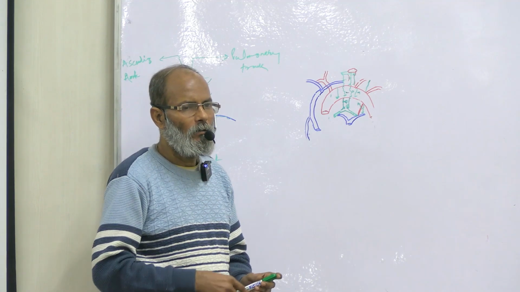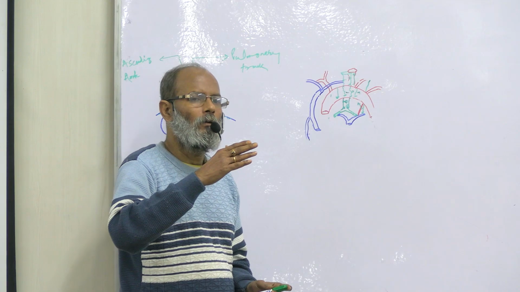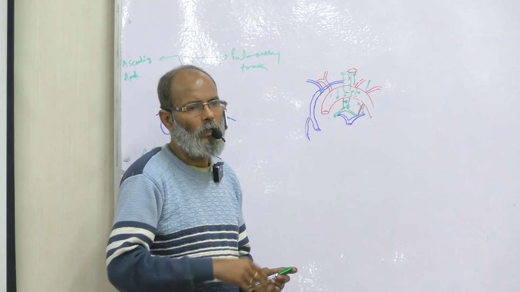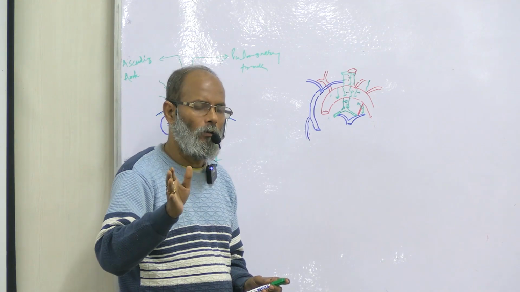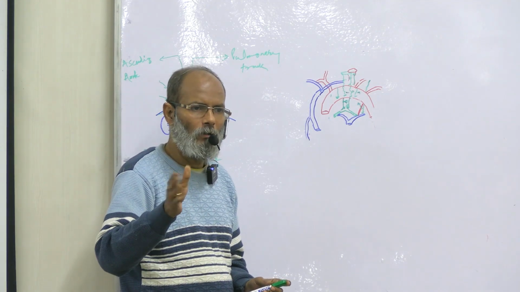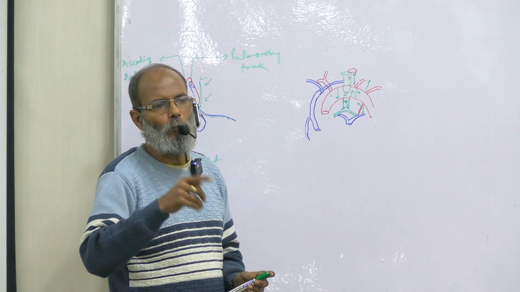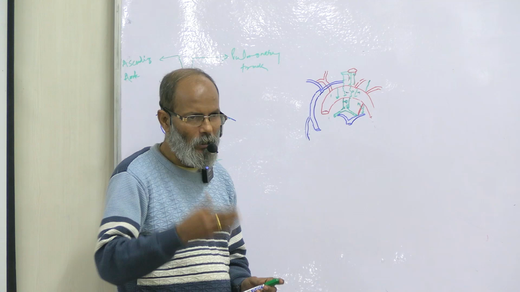On the right side, there is no ligamentum arteriosum. The dorsal part of the sixth arch obliterates, and the whole of the fifth arch is obliterated. So what is remaining?